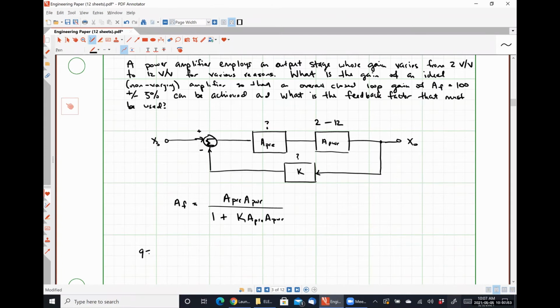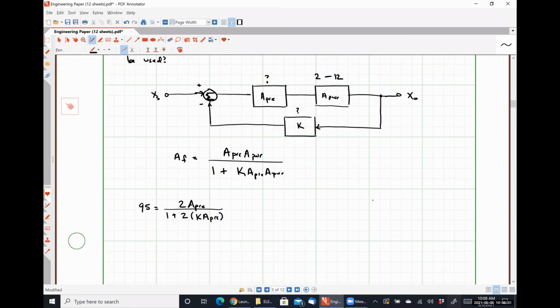So we could say that 95 is equal to A pre times A power, so that would be 2 times A pre, I'm using the lower level for our power amp gain, divided by 1 plus 2 times K A pre. Anybody have any problems with where that came from? 2 is the gain of the power amp.